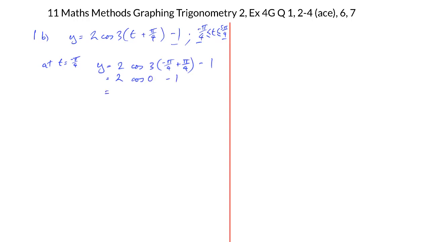And cos of 0, if you think of the cos graph, it actually starts at 1 at 0. So we get 2 minus 1, which gives me a value of 1.